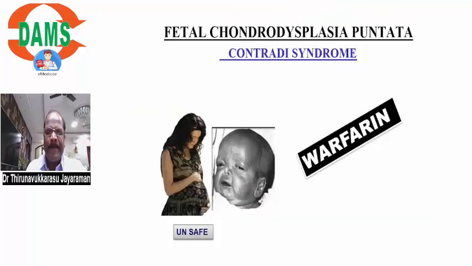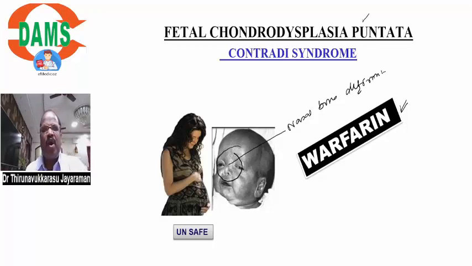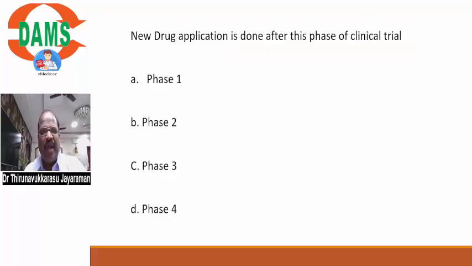And then warfarin, an oral anticoagulant, causes Conradi syndrome, also called fetal chondrodysplasia punctata. But the main problem is nasal bone deformity. So warfarin causes problem of nasal bone called Conradi syndrome.